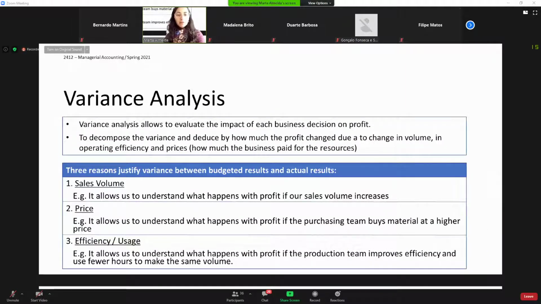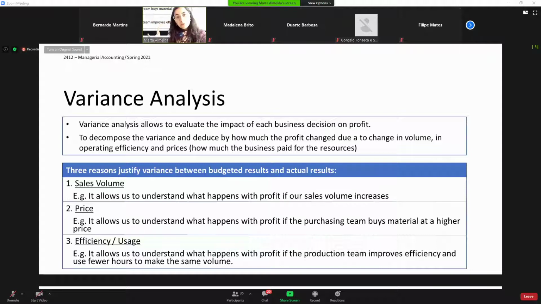So we have the three reasons that justify the variances between the budget and the actual results. So we saw here on this example, one of the reasons was the sales volume. So the sales volume, we expected 5,000 units. We actually had sales of 6,000 units.